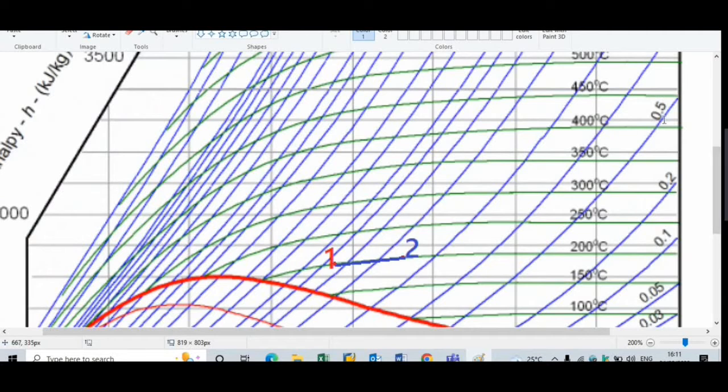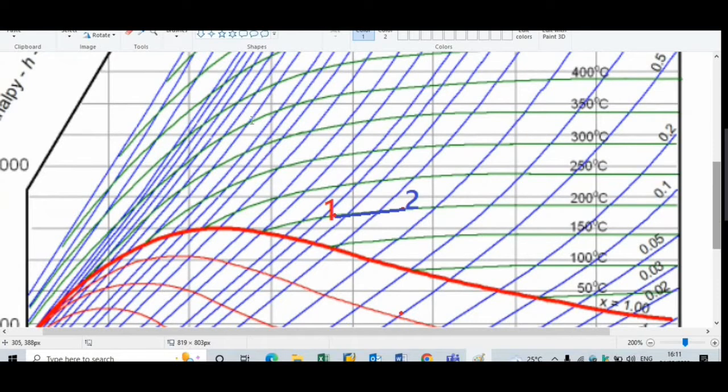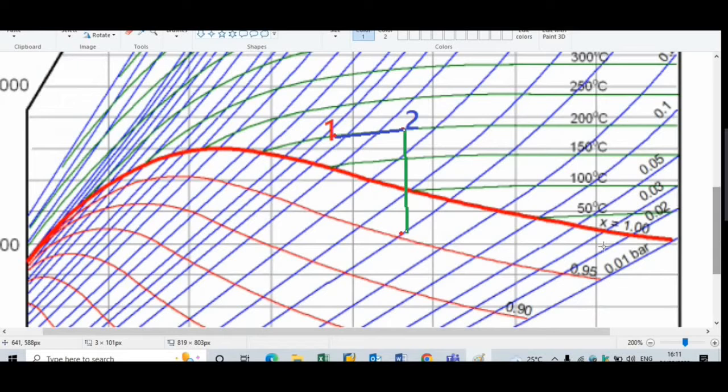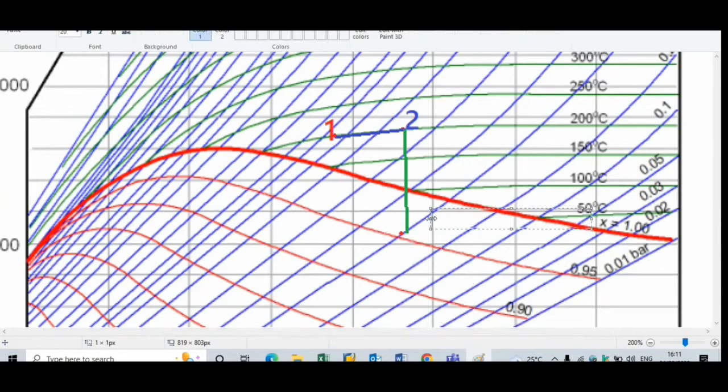So here the 0.5 bar pressure line is given. I will choose a different color. So from this point 2, we have to draw the straight vertical line which will intersect this 0.5 bar pressure line. So this point will be point 3. I will write here, this point is point 3.